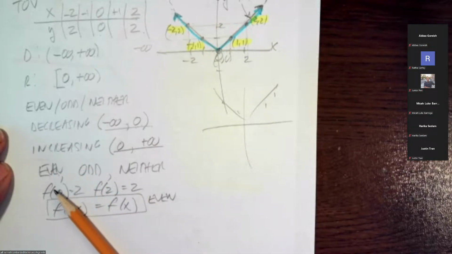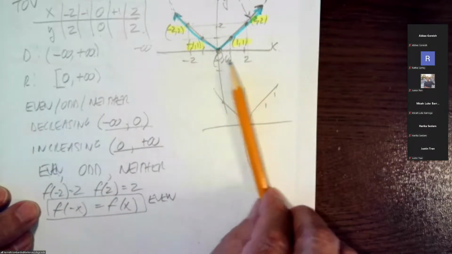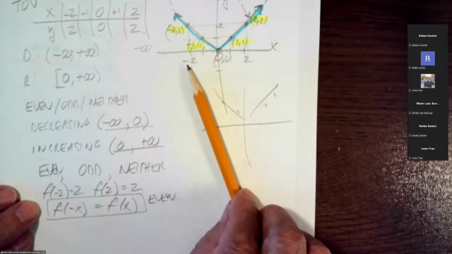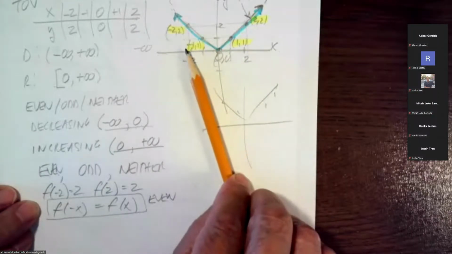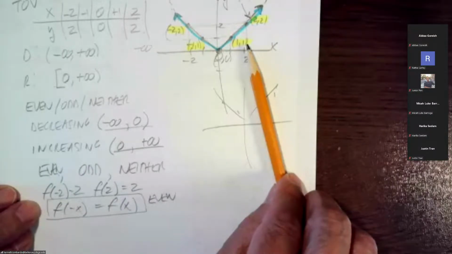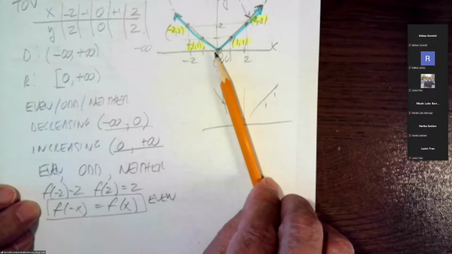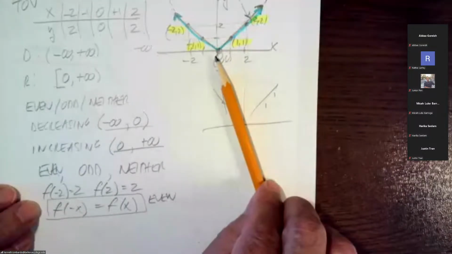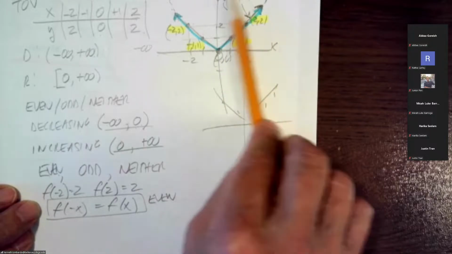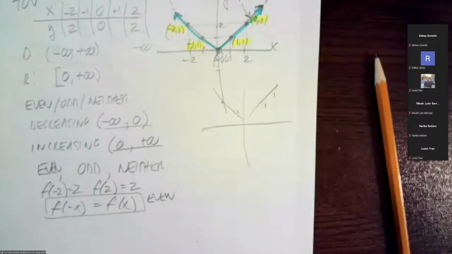Based on our definition of even, odd, or neither, we said that when the function evaluated at negative x equals the function evaluated at positive x, when they're the same, we call that even. And we said it's decreasing from negative infinity to 0 and increasing from 0 to positive infinity. So we pretty much labeled this function and said everything we want to know about that function.